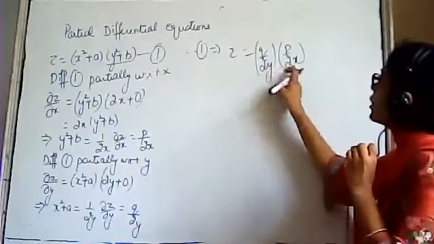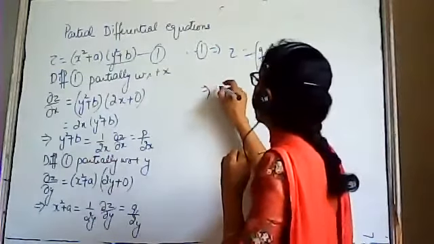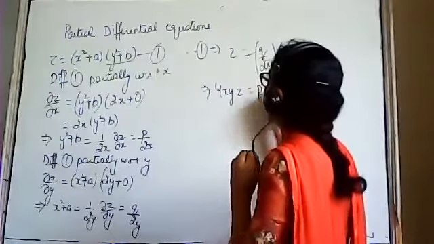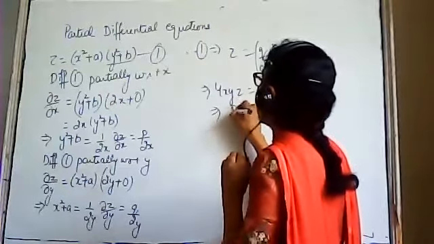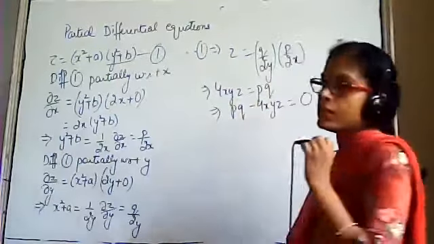Okay? In the denominator, we have 4xy. It can be taken in the left hand side. It will become 4xyz is equals to pq, or it can be written as pq minus 4xyz is equals to 0.